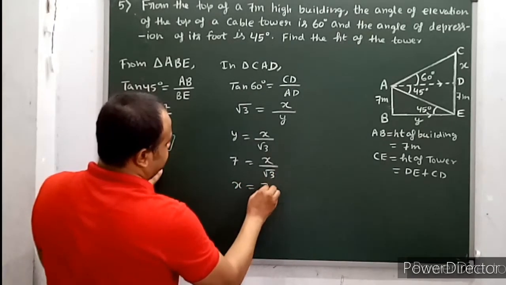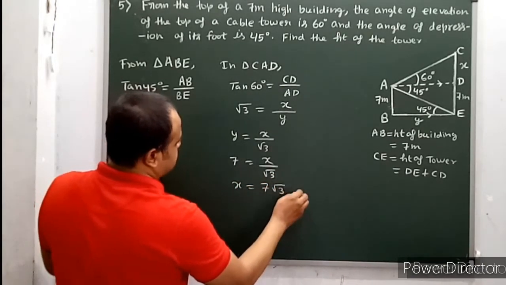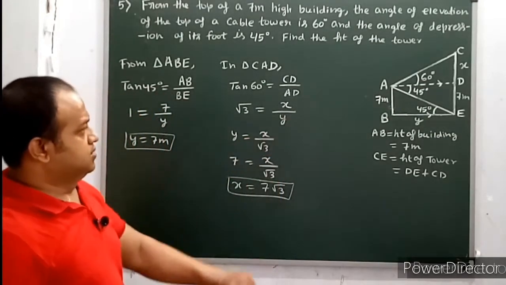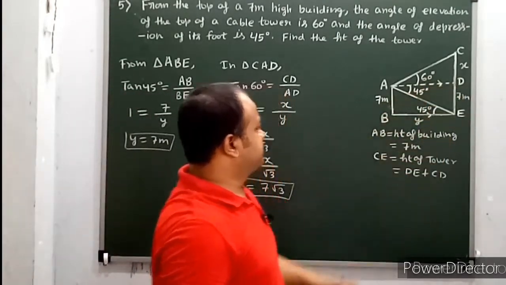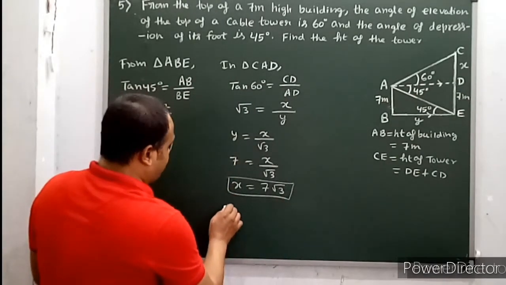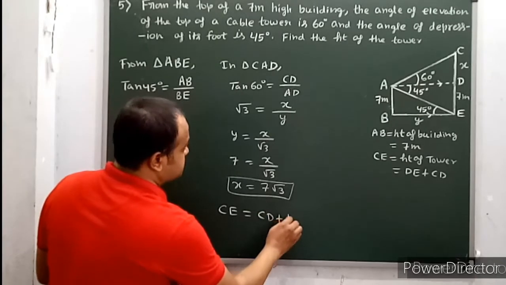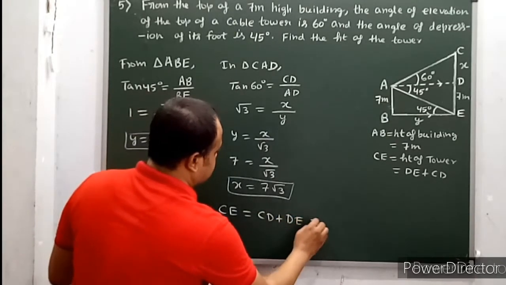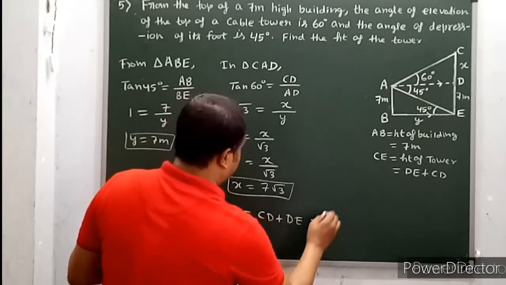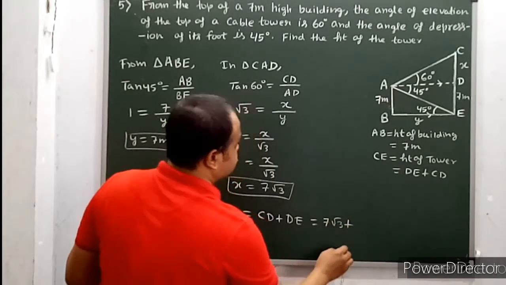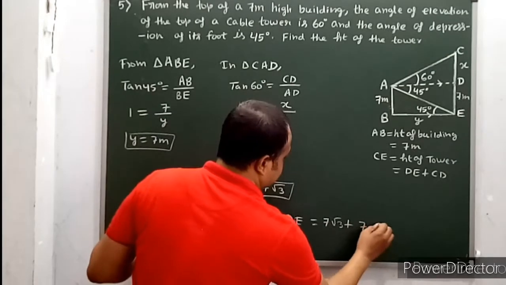The X we have got, 7 root over 3, is the height of CD. But we need to find CE. CE means CD plus DE. CD is 7 root over 3 plus DE is 7.